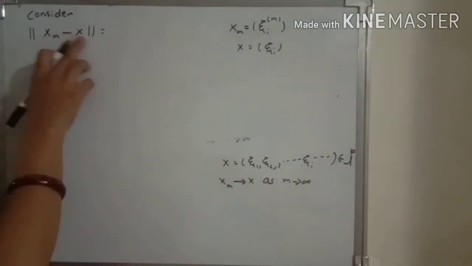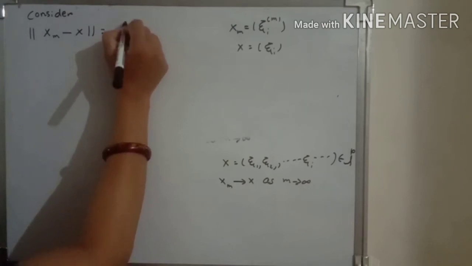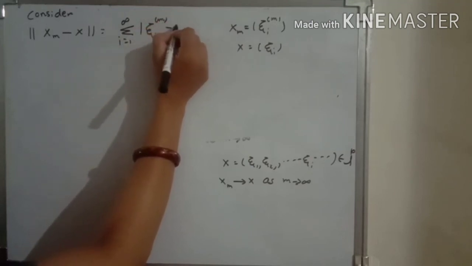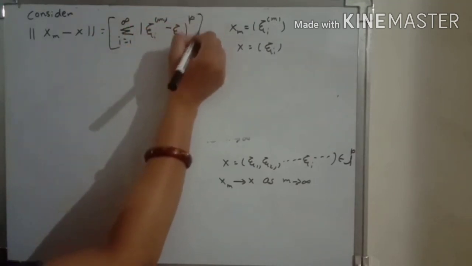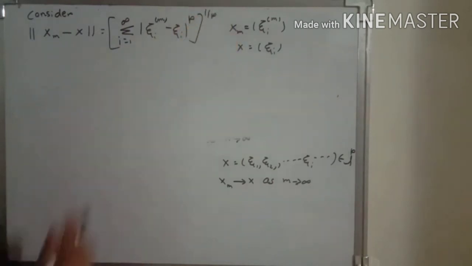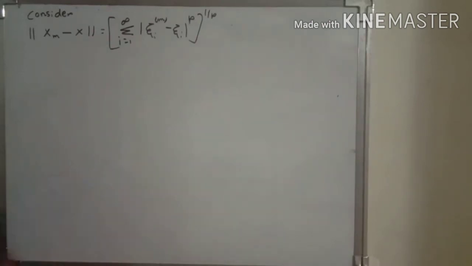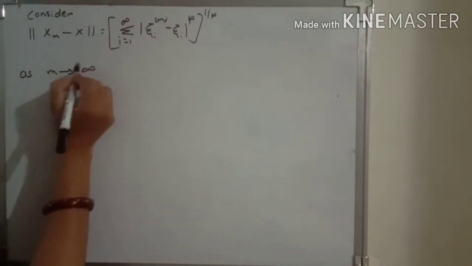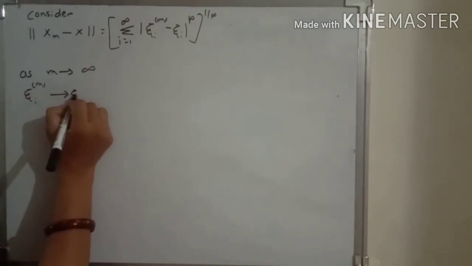Therefore, norm of xm minus x equals summation i from 1 to infinity of mod of xi im minus xi i to the power p, whole to the power 1 by p. Now here, as we proved, for each fixed i, as m goes to infinity, xi im goes to xi i.